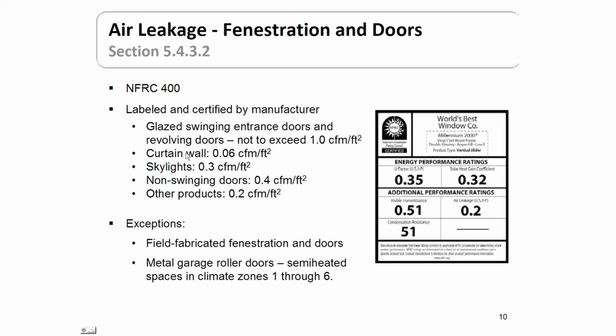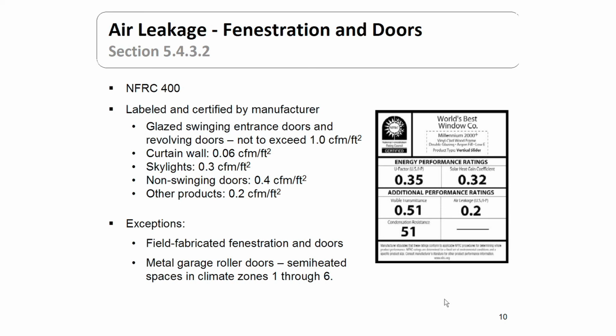If you have curtain wall construction, it's limited to 0.06 CFM per square foot. Skylights allow a much higher rate, 0.3 CFM per square foot. Now the non-swinging doors allow 0.4 CFM per square foot. And any other products, such as the one shown over here, actually 0.2 CFM per square foot.